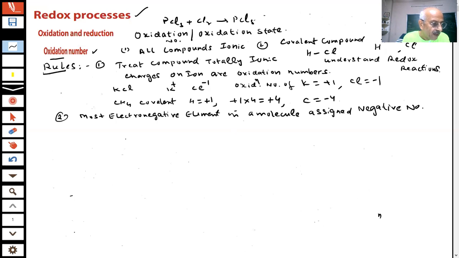The more electronegative element will be assigned a negative oxidation number. That will be given the negative oxidation number.